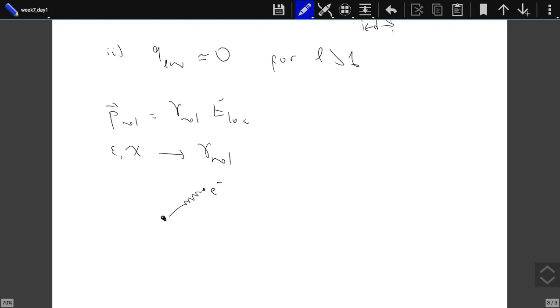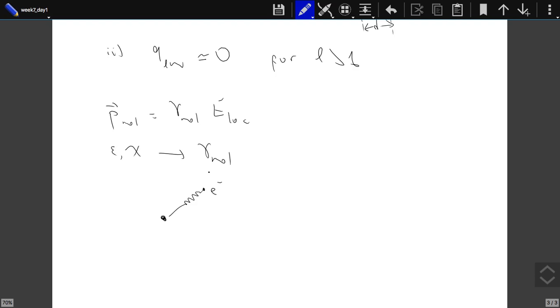And what will happen is if you exert an external electric field, the spring will have a different equilibrium distance, which will be shifted from the previous one by a constant multiplied by the electric field. And since the electron is shifted, that creates a polarization.